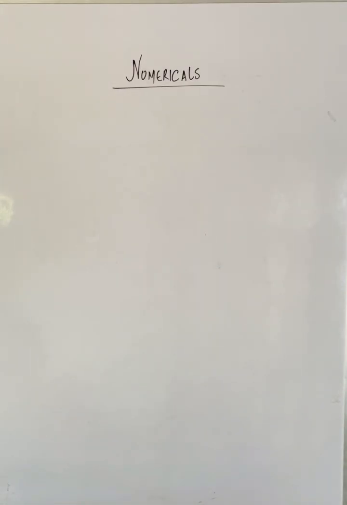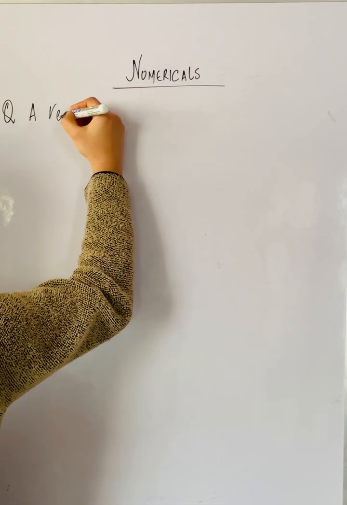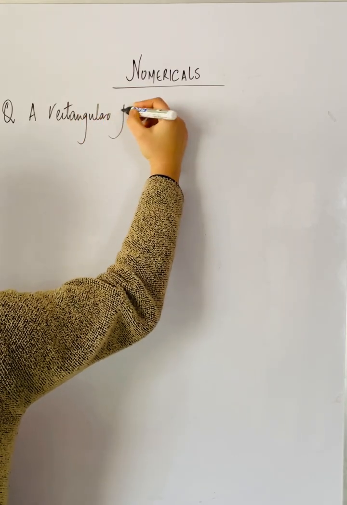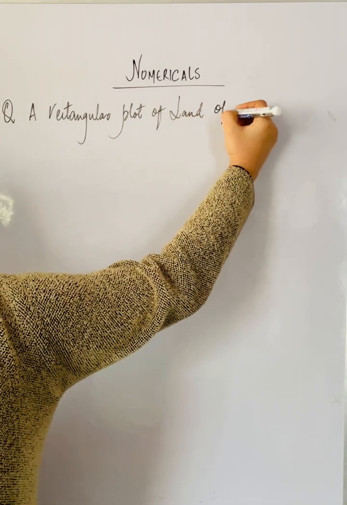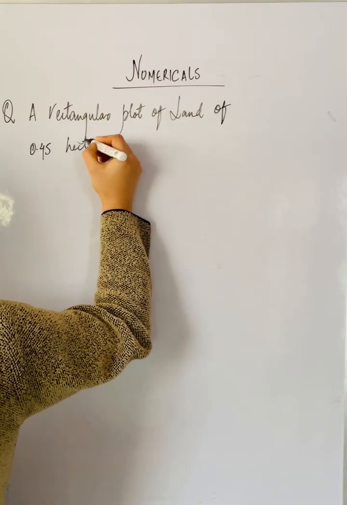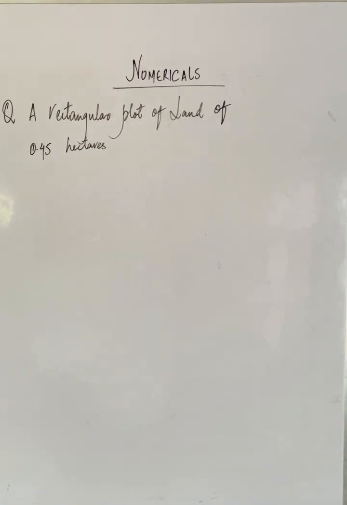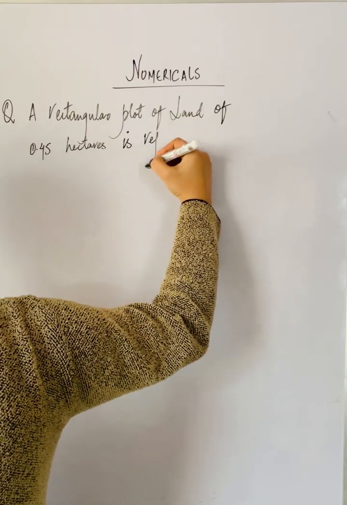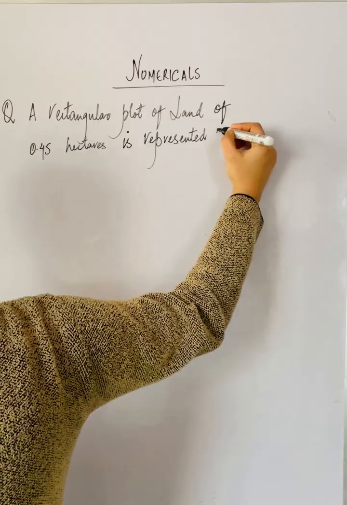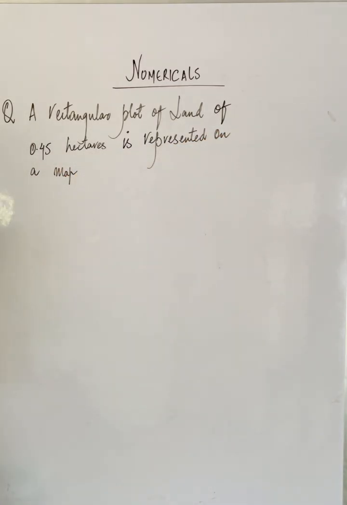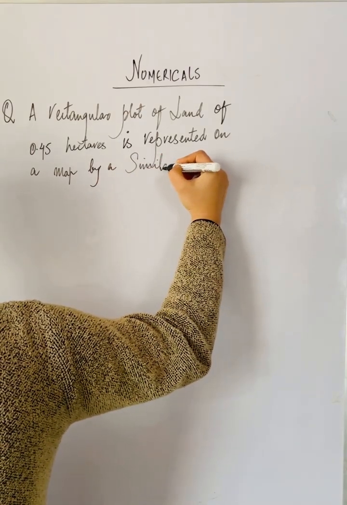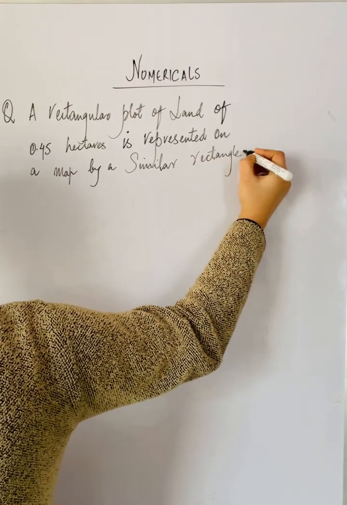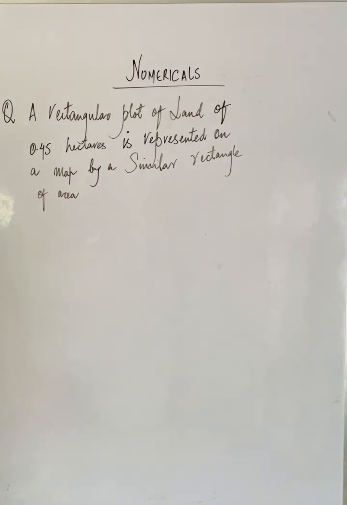Next question is, a rectangular plot of land of 0.45 hectares is represented on a map by a similar rectangle of area 5 centimeters square.